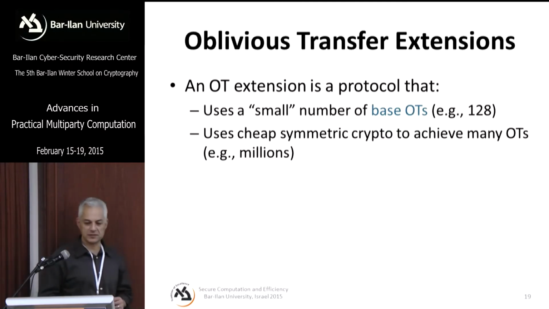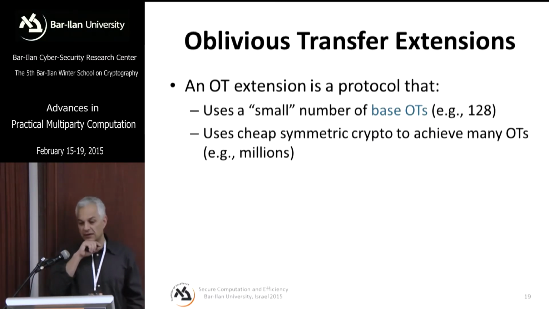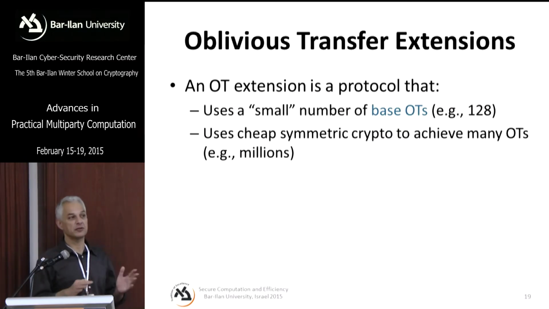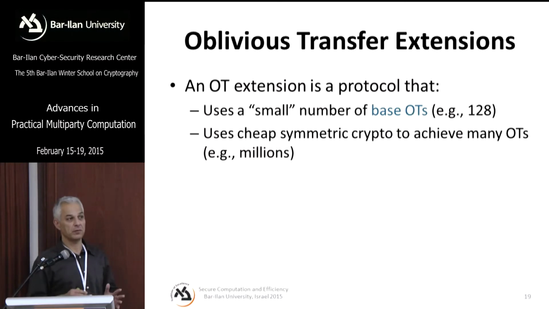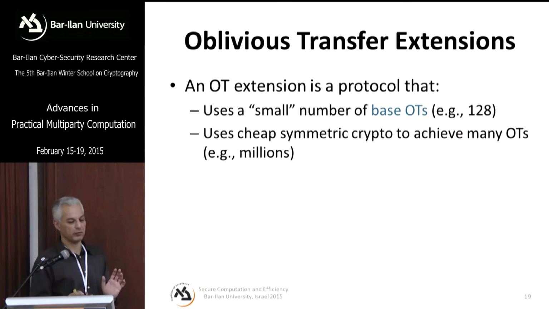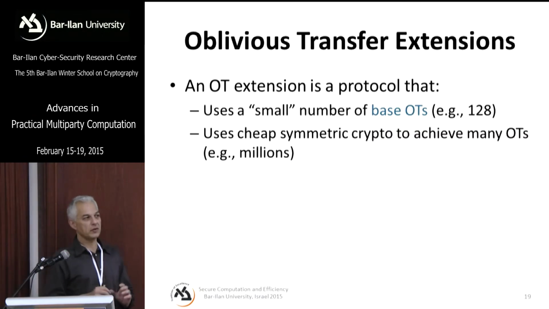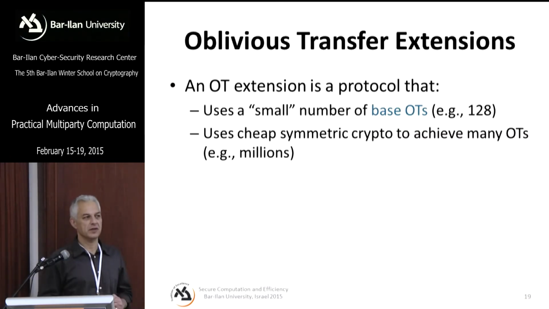So oblivious transfer extension does something like that. Let's use a small number of base oblivious transfers, where unfortunately we have to use public key crypto because we cannot use symmetric key crypto to do oblivious transfer. But once we have this base of a small number of oblivious transfers, we'll use cheap symmetric crypto to generate the many more oblivious transfers that we need.